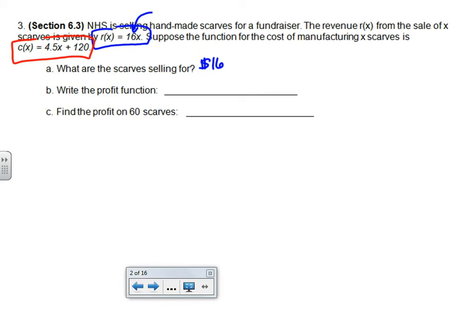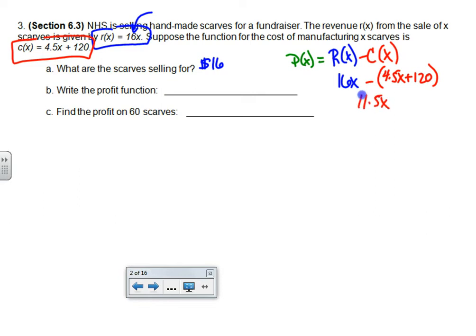The profit function can be found by taking your revenue and then subtracting off the cost, because cost is going to be removed from our profit. So for us, the revenue function is a 16x, and then when I subtract the cost function, which has to be in parentheses, so I remember to subtract both parts, that will distribute the negative, and we will get, let's see, that's 11.5x, and then a minus 120.